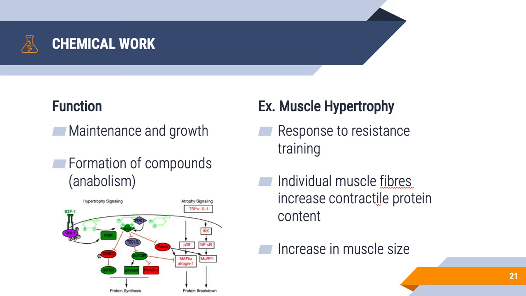ATP can be used to activate the mTOR pathway, the mammalian target of rapamycin, and this promotes muscle hypertrophy. This is something we'll review more in depth when we go into the protein metabolism lectures. Again, this results in an increase in the number of muscle fibers, as well as an increase in the muscle fiber size.